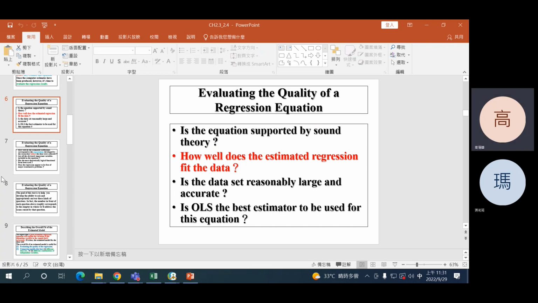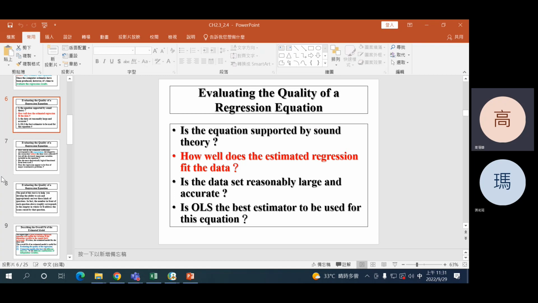So you have to ask yourself what theory you are based on, and does this equation support this sound theory? The second one is how well does the estimated regression fit the data? And we will explain this one later on in the 2.4 session. We just bring up these 8 questions you need to ask yourself.